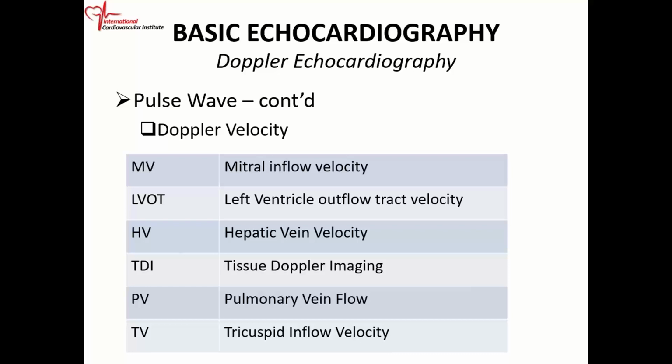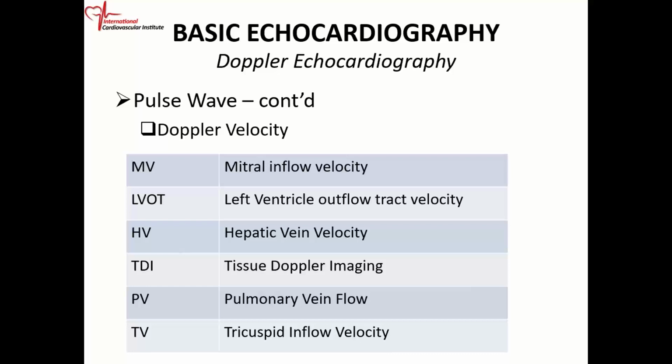When we're looking at blood flow in the heart, we're going to use either pulse wave Doppler or continuous wave Doppler. We look at blood flow across the mitral valve, across the tricuspid valve, across the left ventricular outflow tract, and in the pulmonary vein or the hepatic vein.